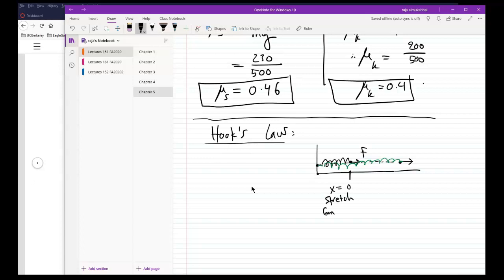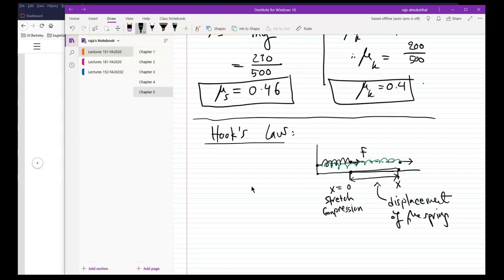For this matter, we're doing stretching. And then I stretch it from here all the way to here, to some X value. So this distance, we call it the displacement of the spring.